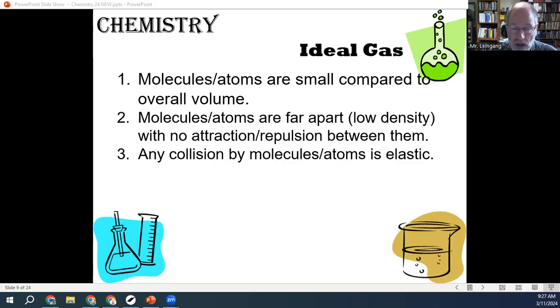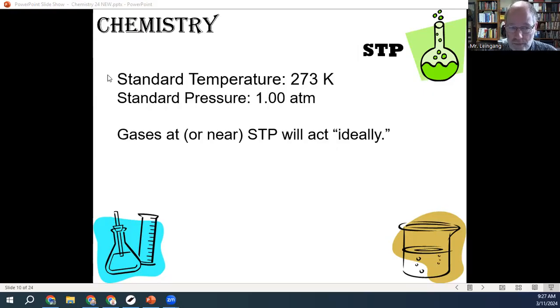They will bounce off each other, a lot like a pool cue ball hitting another pool ball on the table. One rolls forward, the other rolls backwards, just the way gases would. So for a gas to be ideal, these three things must be true, and they usually are true.